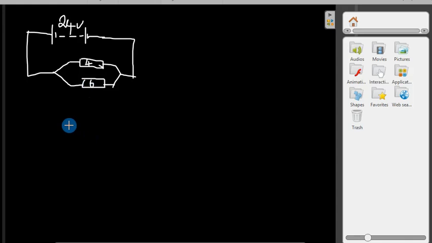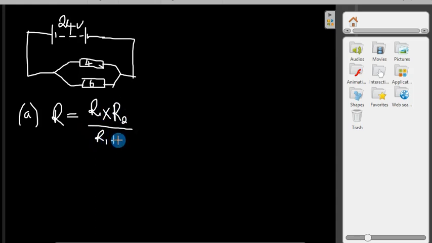Okay, so like I told you, for two resistors only, you don't need to go by the whole equation. We can simplify it and use it in its simple form and say the total resistance of the two resistors in parallel is equal to, if the first one on top we call it R1 and the second one we call it R2, then R1 multiplied by R2, over R1 plus R2.